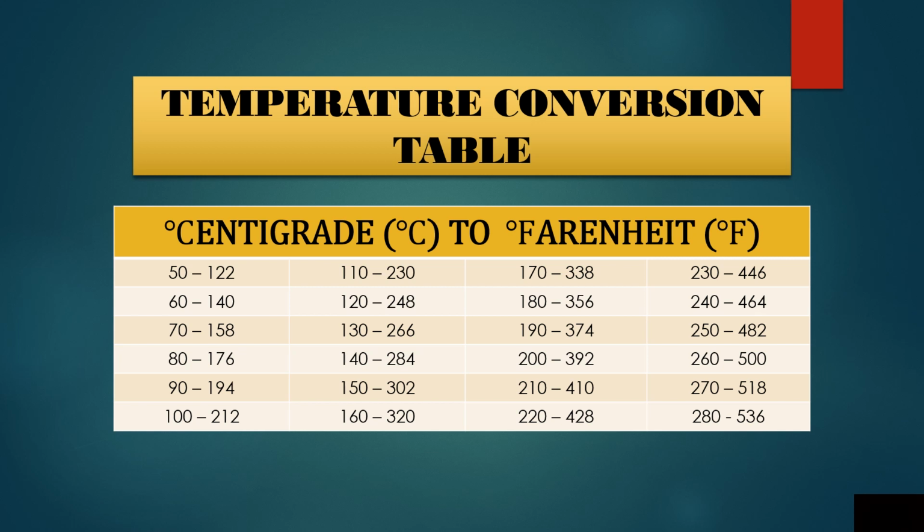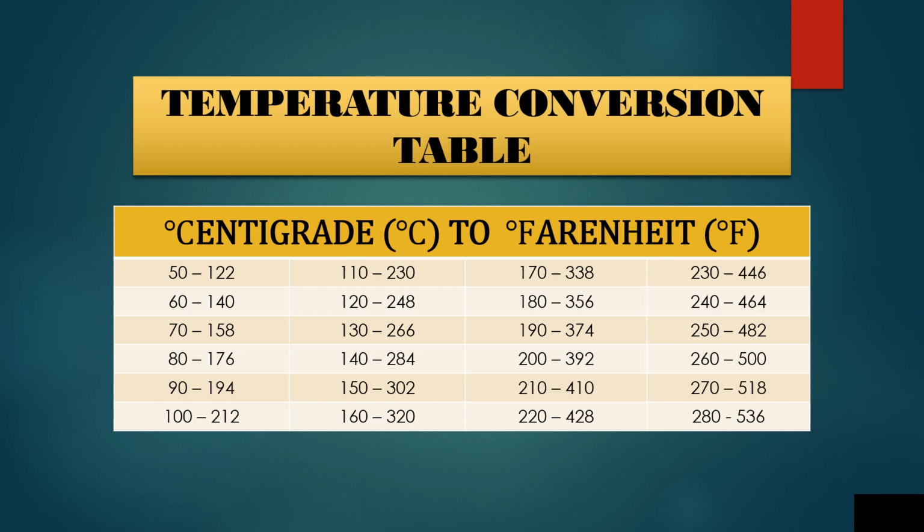So ito ay mas madali nating makikita yung kanyang equivalent. So for example, 50 degrees centigrade is equivalent to 122 degrees Fahrenheit. And so on and so forth. So, ayan yung mga nakikita nyo sa table. So, 60 degrees centigrade is equivalent to 140 degrees Fahrenheit.